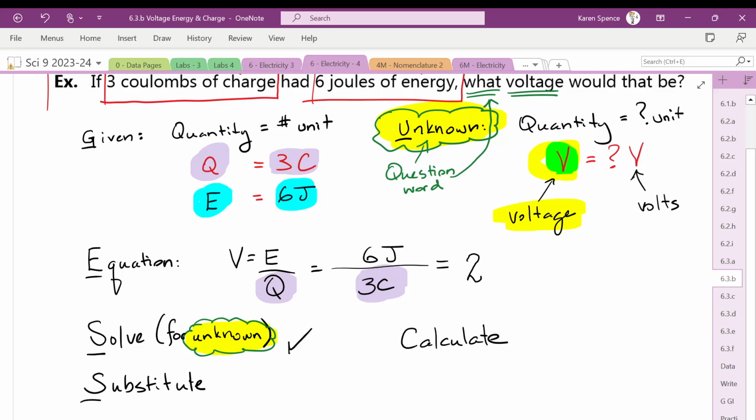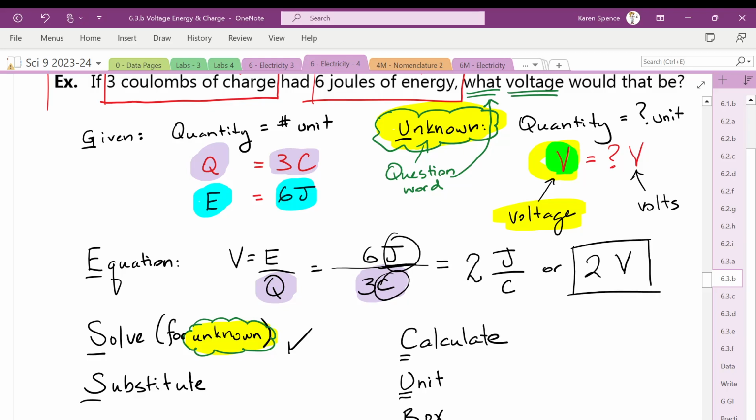So that's fine. And then our unit, because we have CUBS, what would our unit be? We can either write it as joules over coulombs, or we can write it as 2 volts, because volts means the same as a joule per coulomb. And then we have to remember to box our final answer.